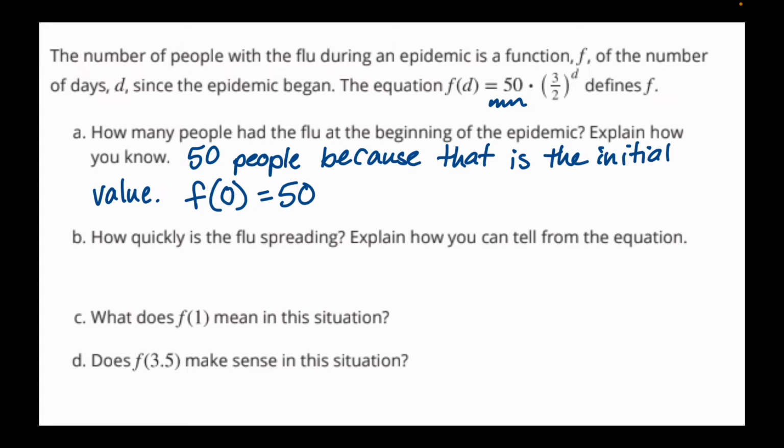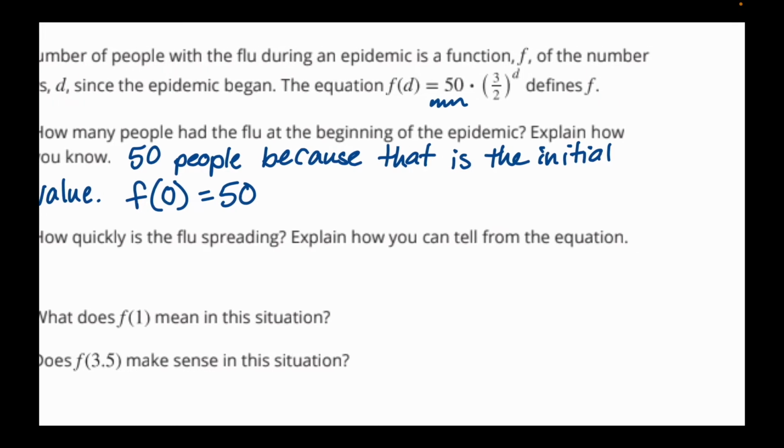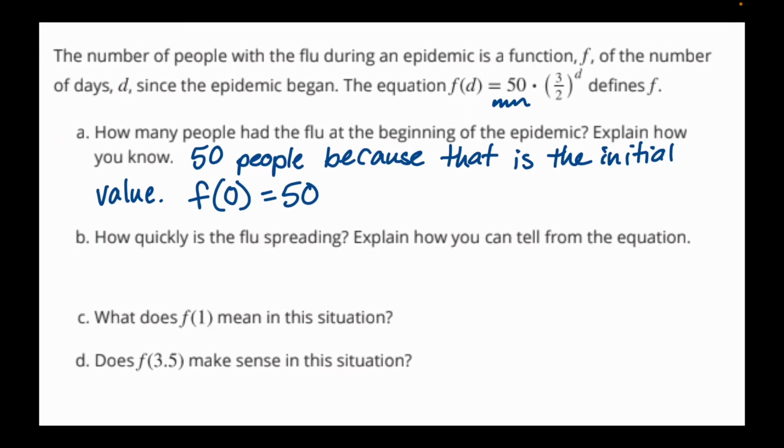So let's actually put an explanation for this. How quickly is the flu spreading? It spreads, don't want to say it spreads fast enough.